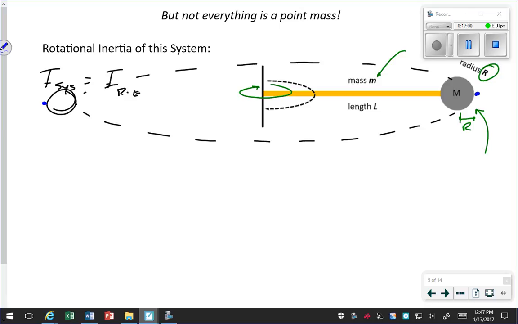So what happens is, as this whole system rotates about this central axis, this sphere on the end is two things. It's a point mass, and it's a sphere that rotates about a central axis. Now, by that I mean it sort of rotates about that axis. You get me there?